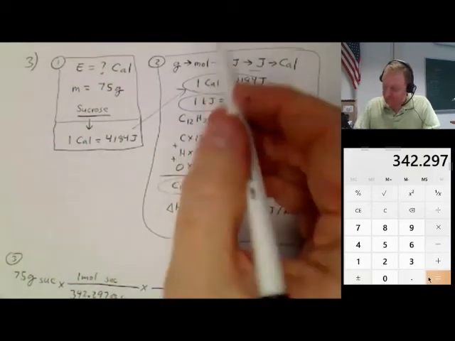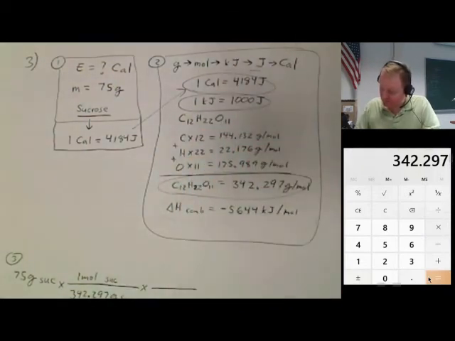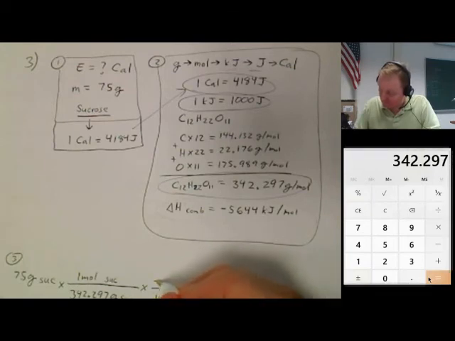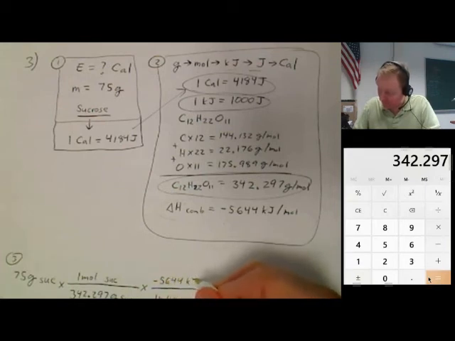We're in moles, so we got to here. Let's get to kilojoules. We'll use this number here. For every 1 mole of sucrose combusted, it liberates 5,644 kilojoules of energy.